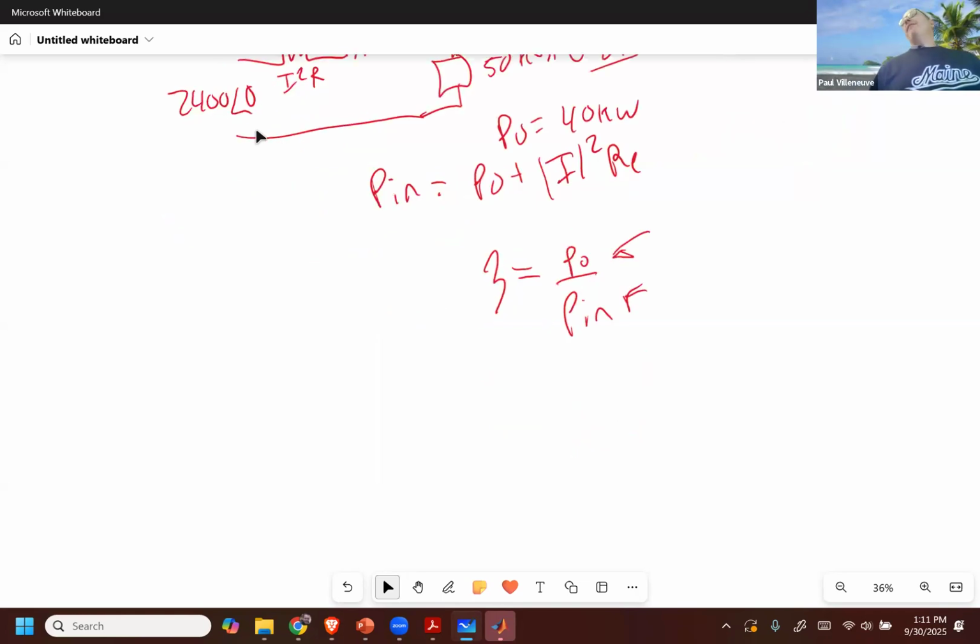Last part, I needed a phasor diagram. What are the only two phasors in this class? Voltage and current. Here's V, and here is I. I don't want to see a circuit diagram. I wanted to see a phasor diagram. And the only two phasors we have are voltages and currents.